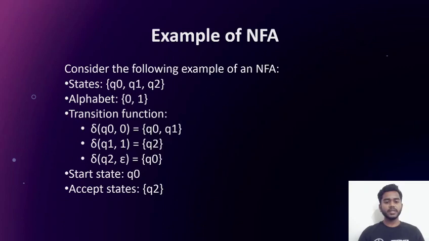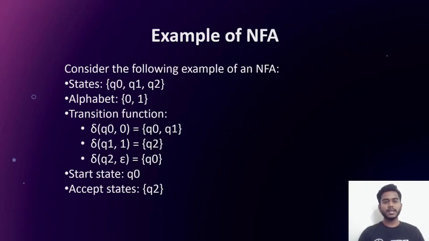The transition function delta of Q0, 0 is equal to Q0, Q1, and the transition function of Q1, which is the second state, is delta of Q1, 1 is equal to Q2, and the last transition function of Q2 is delta of Q2, epsilon is equal to Q0, in which we have Q0 as the start state and the accepted states are Q0 and Q2.